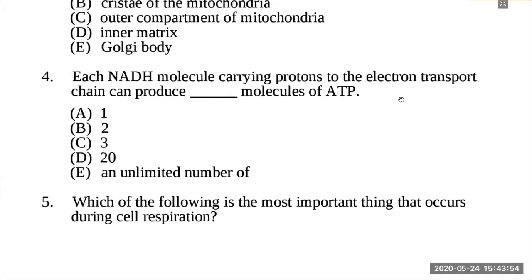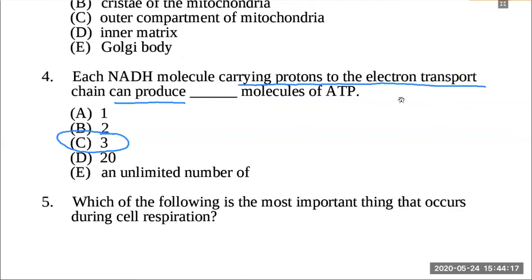We have NADH, which is a molecule carrying protons to the electron transport chain. Those molecules will be transported from Krebs cycle to the electron transport chain, and they have the ability to produce 3 ATP molecules. This is the rule we have to know.